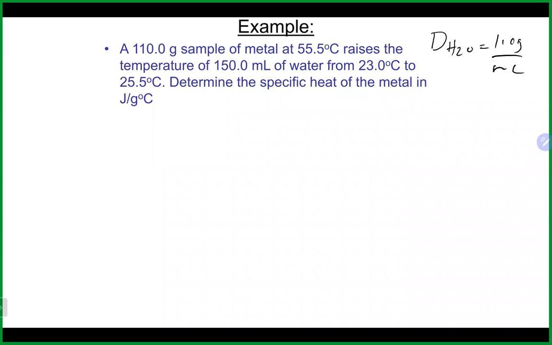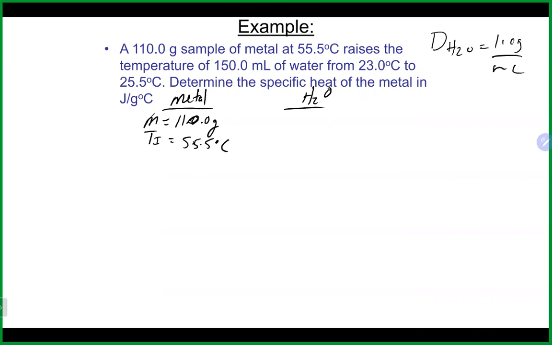So we do have two things here, our metal and our water. For our metal, the mass is 110 grams, and we have an initial temperature of 55.5.